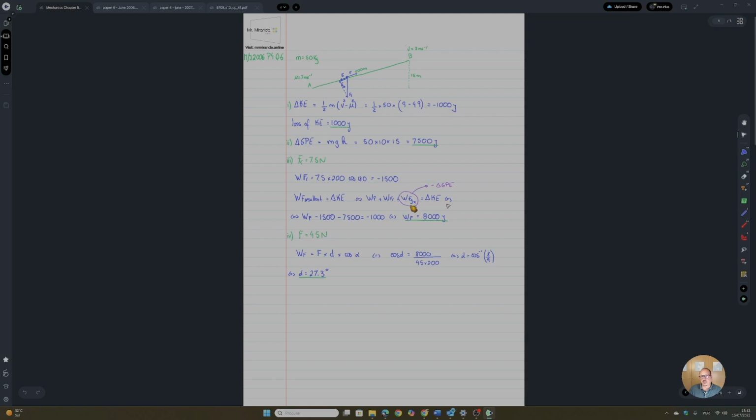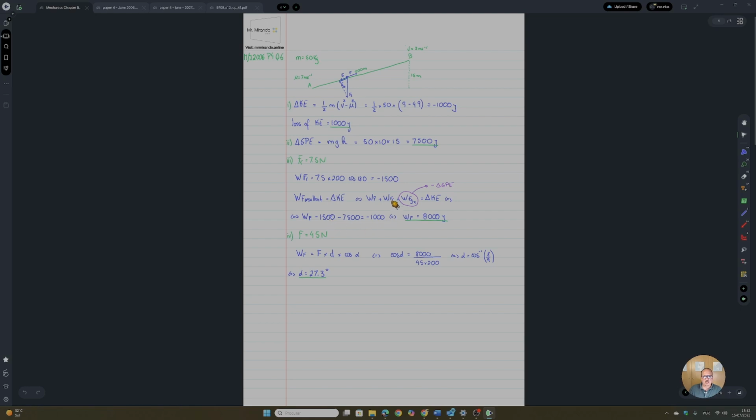We also saw in lesson that the work done by the gravitational force is always minus the change in gravitational potential energy. All right, so you can take these two routes as well. In this case, I just calculated this before, so that's minus 1,500 joules.